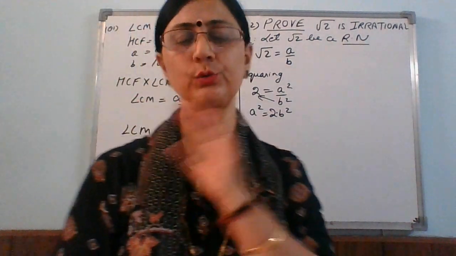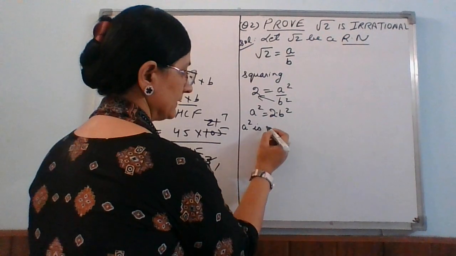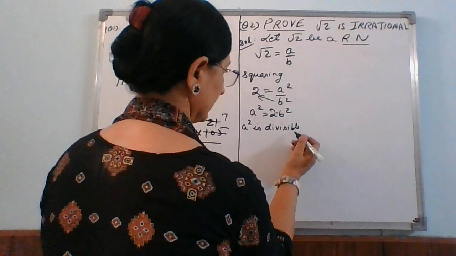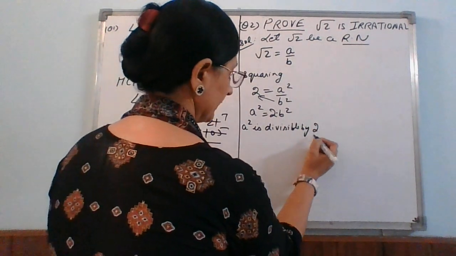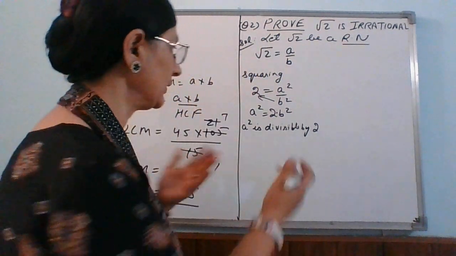There is a common factor 2 in front. So it shows that a square is divisible by 2, right? क्योंकि जब आपका 2 कुछ common होता है आगे, तो it means it is divisible by 2. तभी common आया, right?